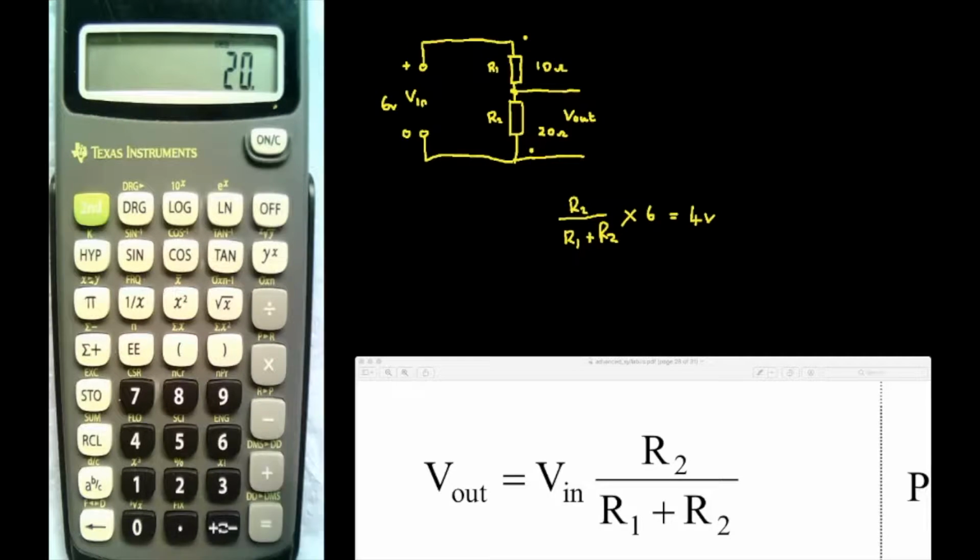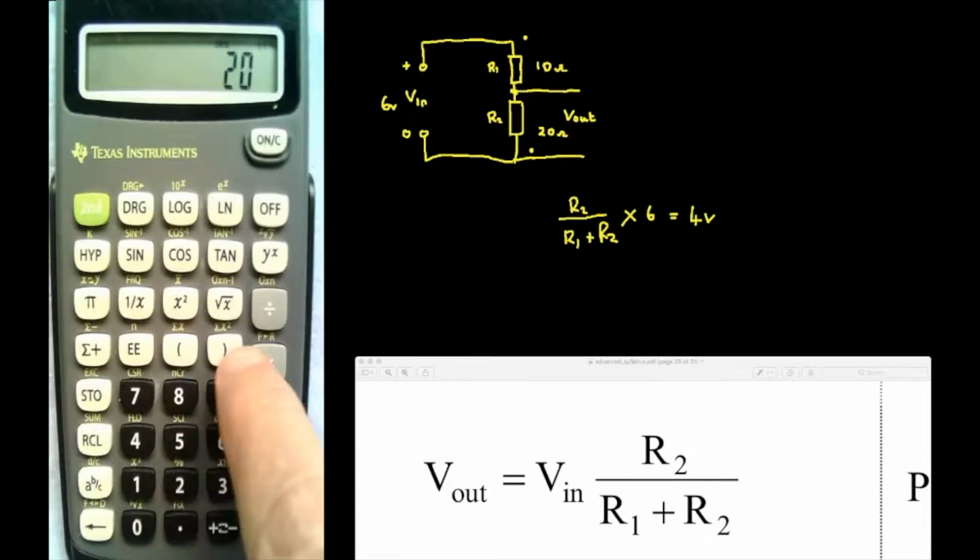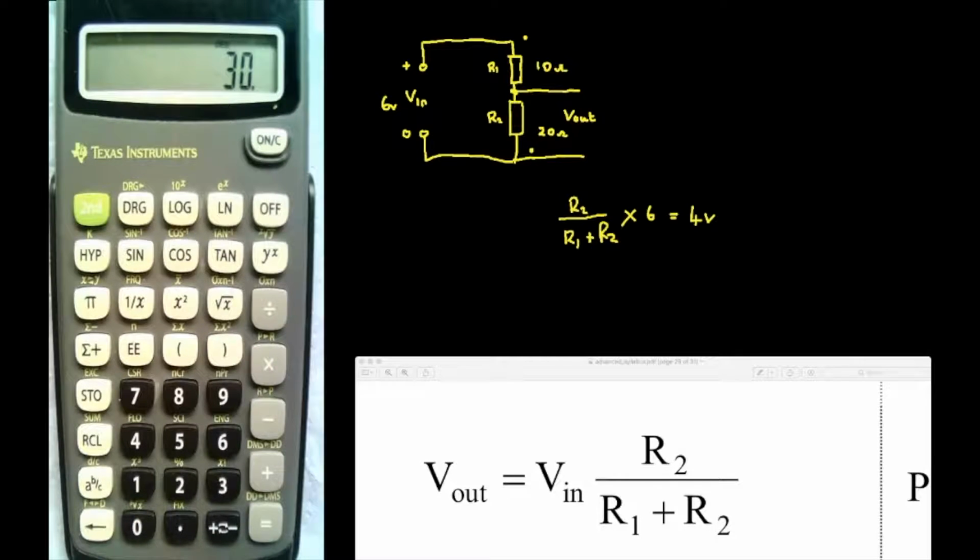So we've pressed the bracket. I'll start again: 20 divided by, open bracket, 10 plus 20, close bracket. And you can see that's given us 30. Now we press equals, which will give us the evaluation of this term.